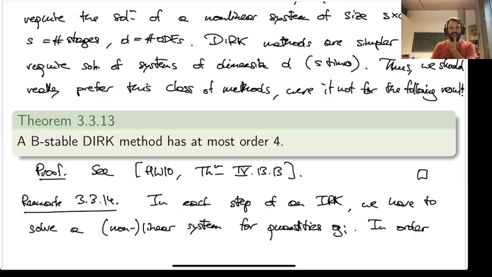Remember, the g_i's are intermediate values of y. So if I'm going from y0 to y1 with a very small time step, I'm not expecting the solution to move much. So the g_i's will differ very little.